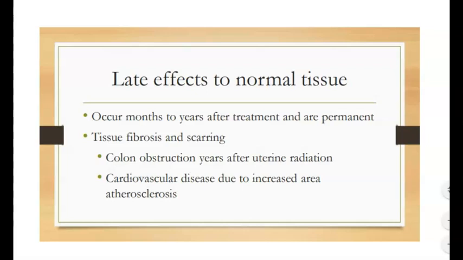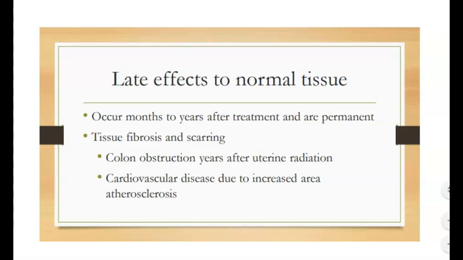So if someone had uterine radiation, they could, a couple of years down the road, have a buildup of scar tissue and present with a colon obstruction, a bowel obstruction, because of these adhesions and scar tissues that have built up years later after radiation in the abdominal or uterine and lower GI tract area.